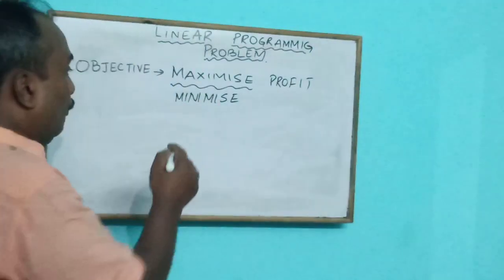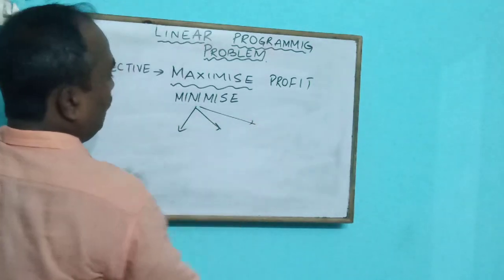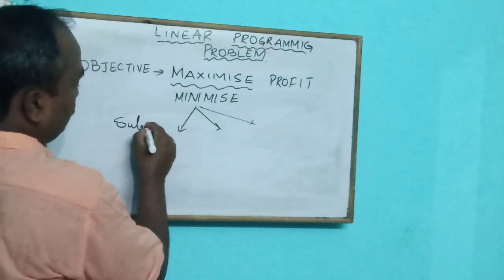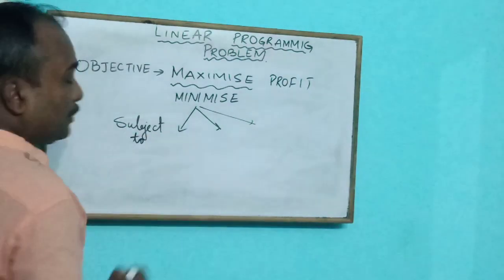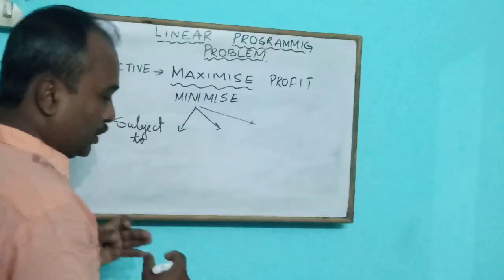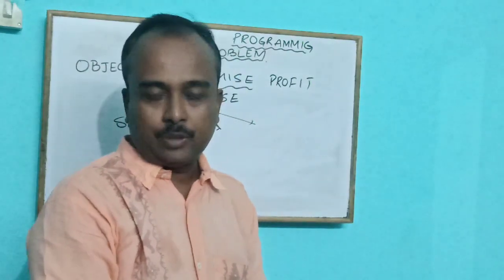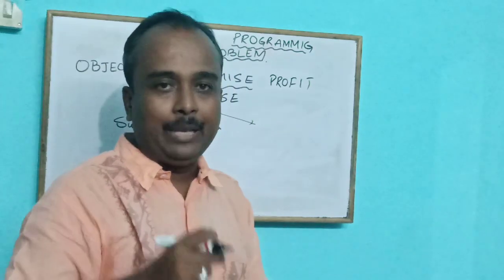Now we have some restrictions. These restrictions we say as subject to. Subject to what restriction? Subject to that, maybe there are two types of raw materials required for preparation of the product. The raw material A or B, we name it.